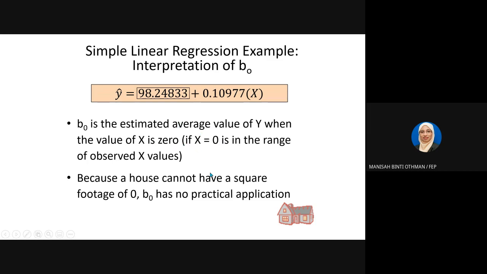That cannot be interpreted like that because it's not a practical application. You cannot have 0 square feet and a minimum house price of 98,000.